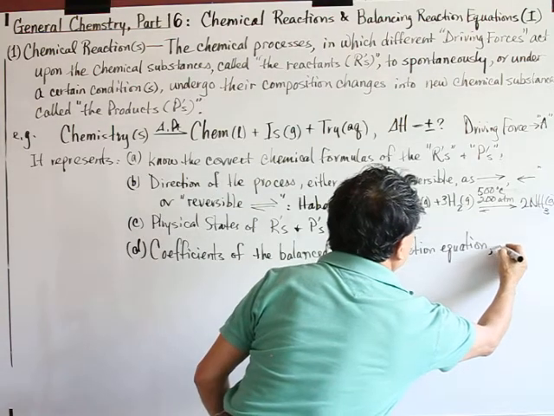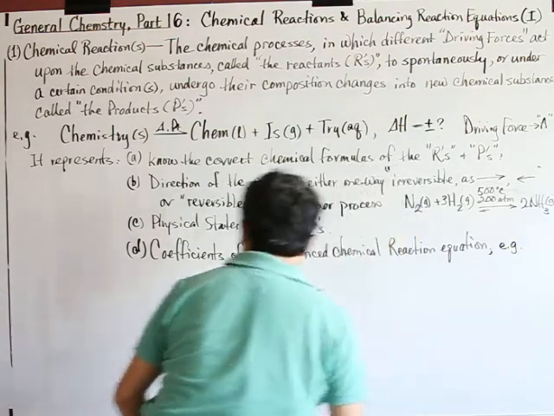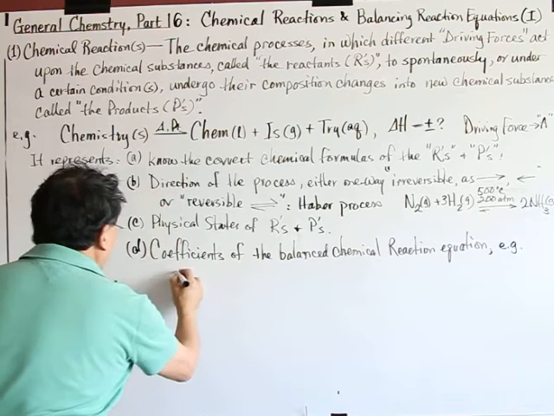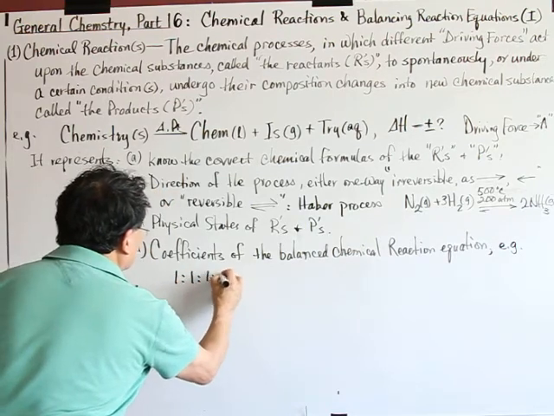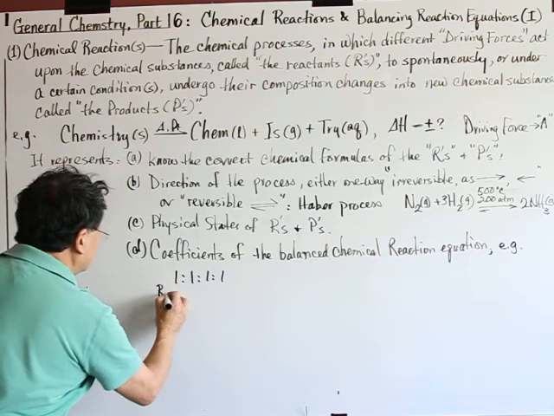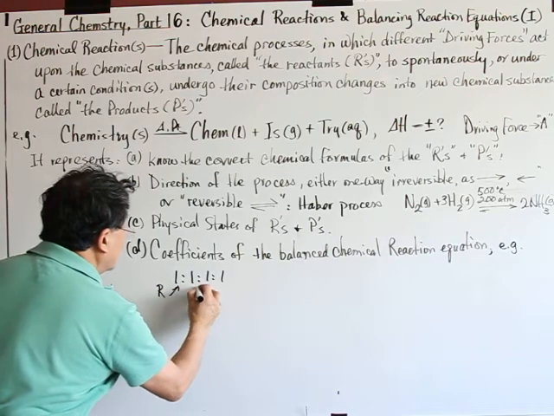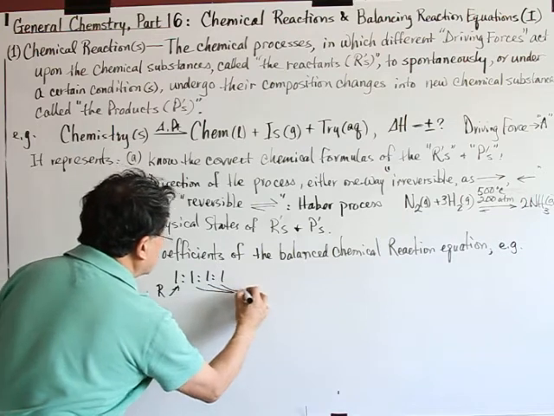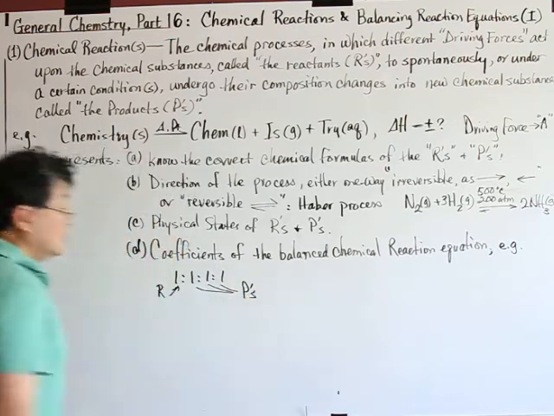In the example, we have a 1-to-1-to-1-to-1 ratio. This is the reactants, right? That's the reactants right here. And those were the products. They are what?